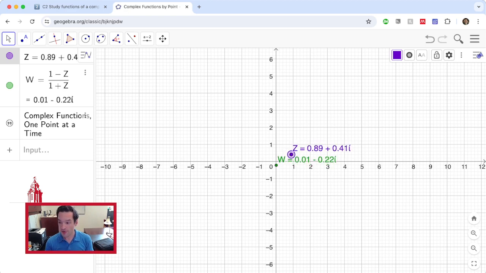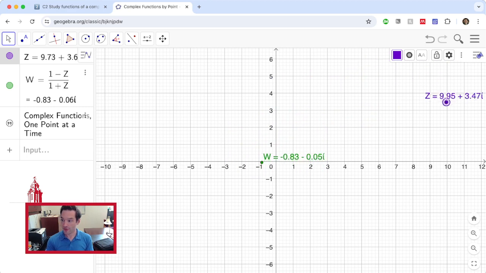We can also use this to figure out where f of z is equal to 0, right? So when z is equal to 1, in this case, f of z is equal to 0, and so we can use this graphical insight to figure out zeros of my complex function. And we can also, in this example, get a sense of when the inputs are relatively small in modulus, when they are relatively close to the origin.